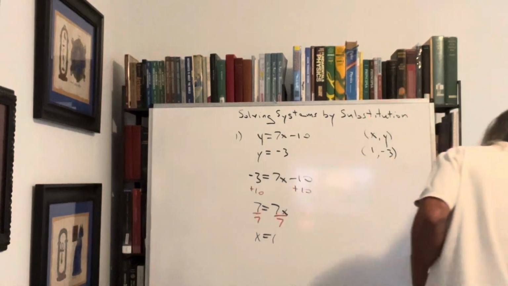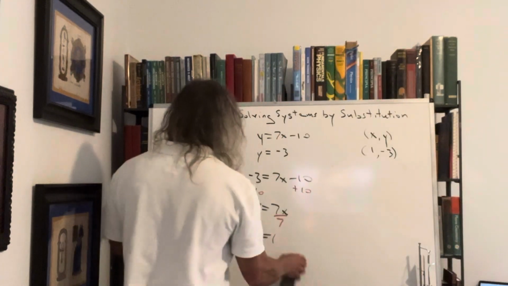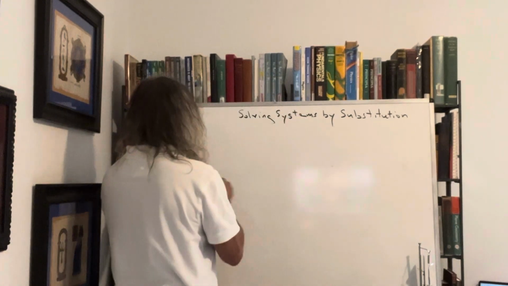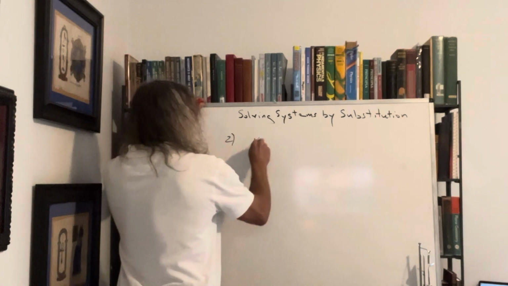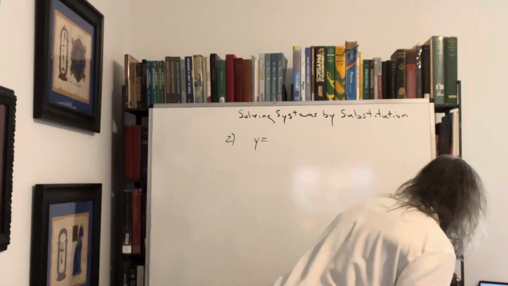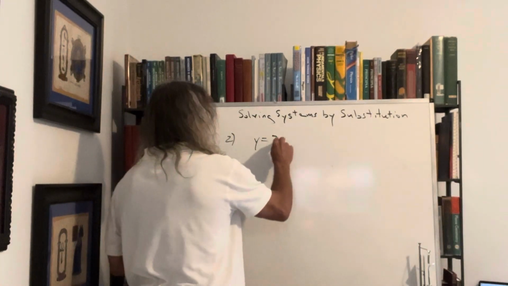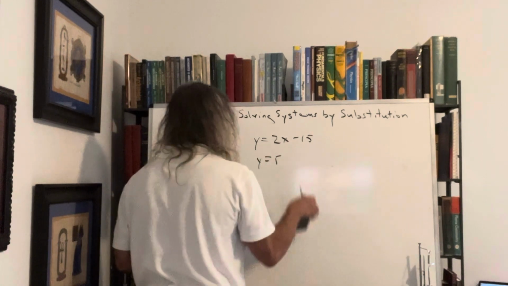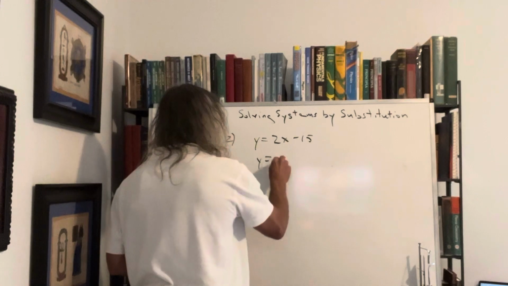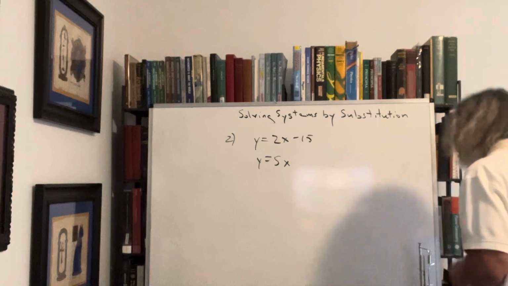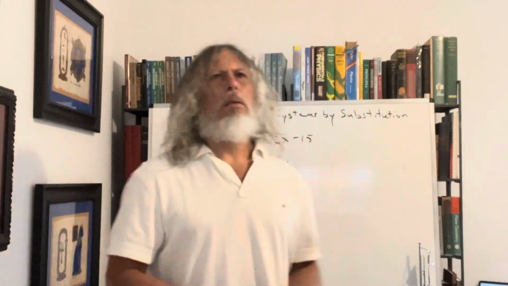Let's try y equals 2x minus 15 and y equals 5x. So number 2. So it's called a system of equations.